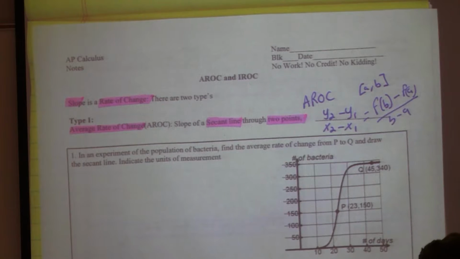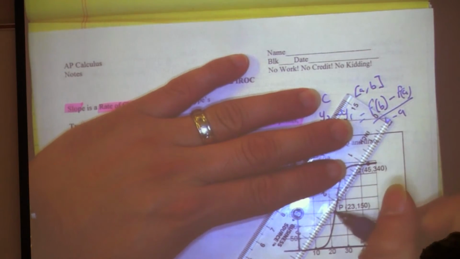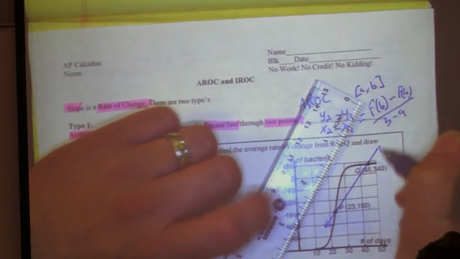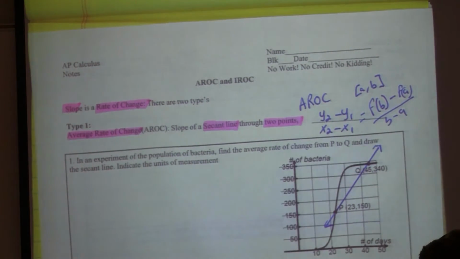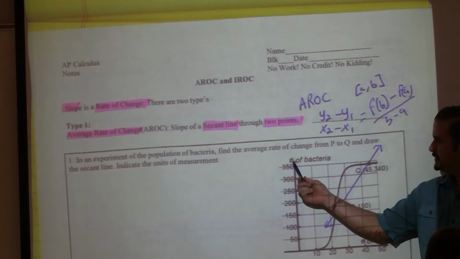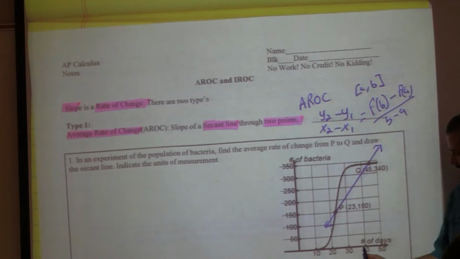So we're looking for the slope of the secant line from P to Q. What is the data here on this graph? The number of bacteria and the number of days, right? So the number of bacteria over the number of days.